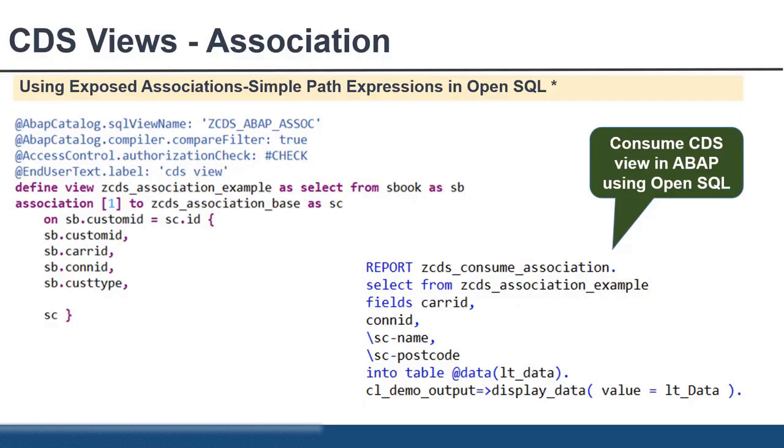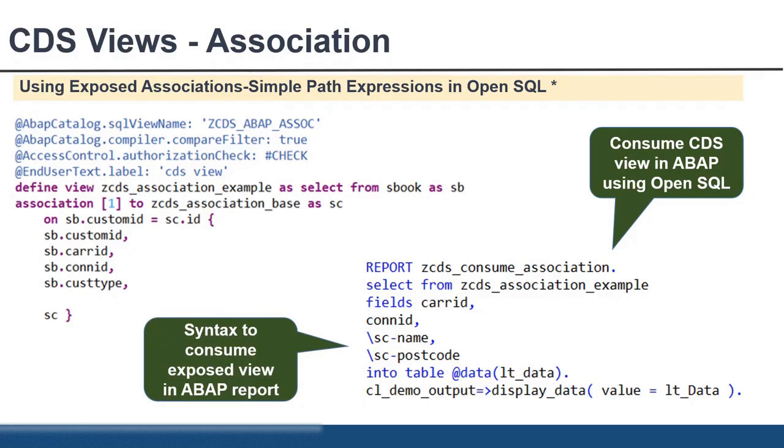However, to access the fields from the view which is associated and exposed in the CDS view is by following the path expression: backslash, the alias name, dash, the field name. The syntax for the path expression is highlighted here.